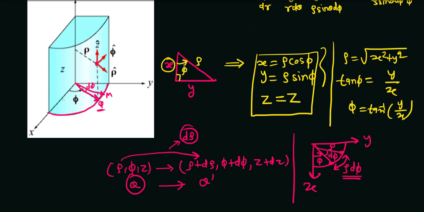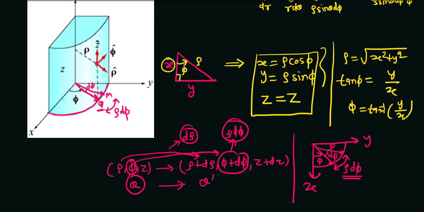So from phi to phi plus d phi, the length of the element would be rho times d phi.